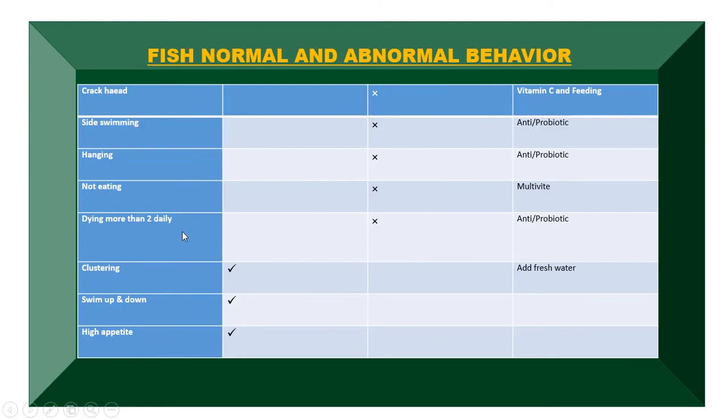When they are dying more than 2 daily, that is also a bad sign. That could be a bacteria or infection or salmonella caused by the fish. So what do you get for them? Get an antibiotic or a probiotic.